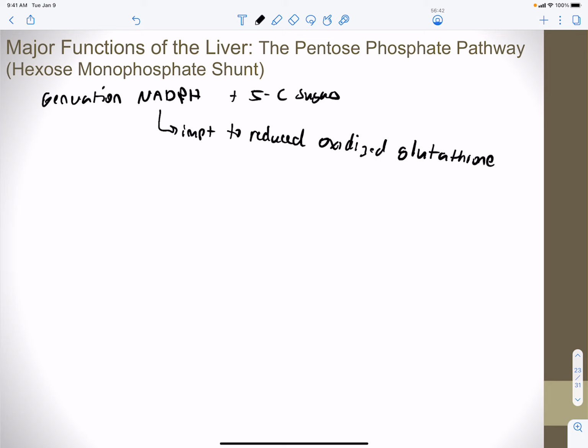This is also going to be important for the 5-carbon sugars. So you're going to make ribose.